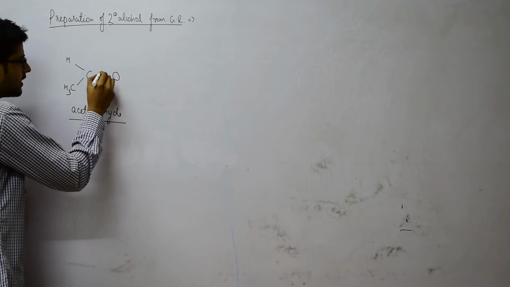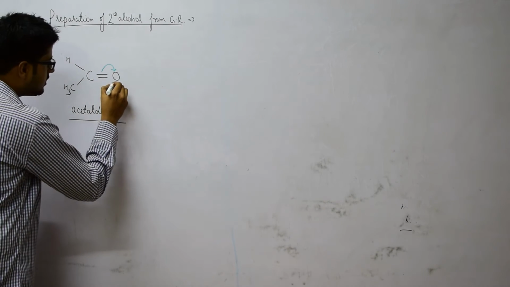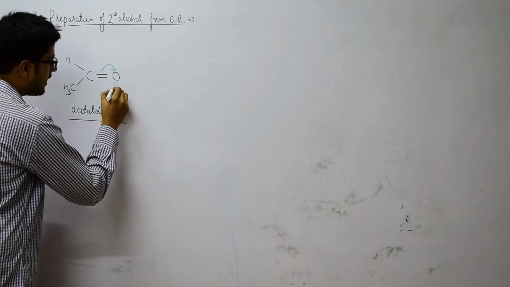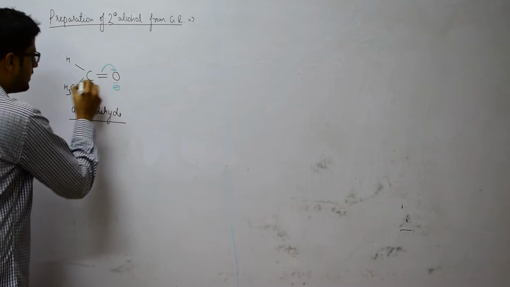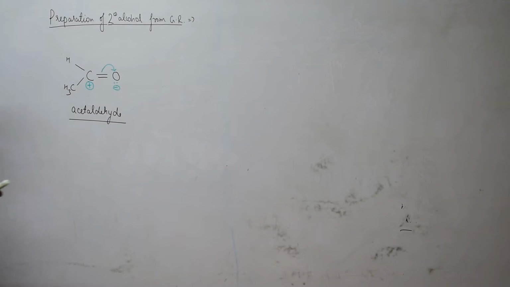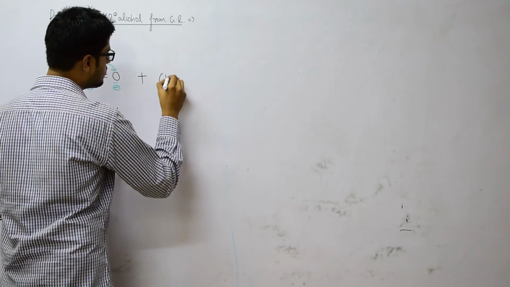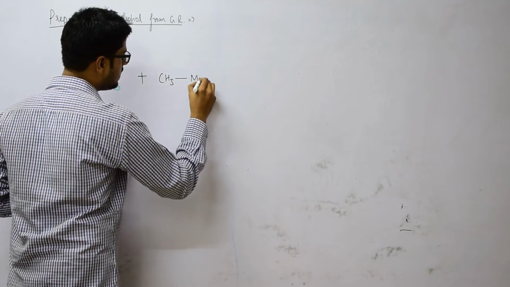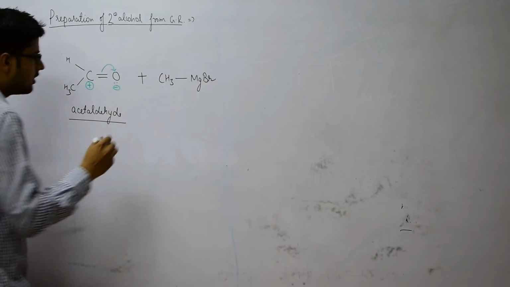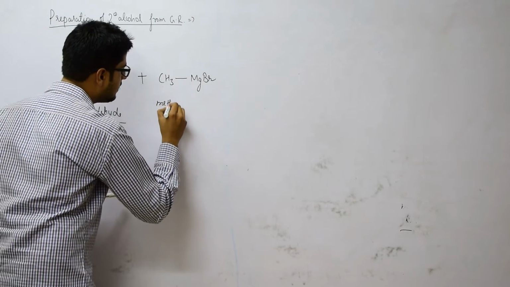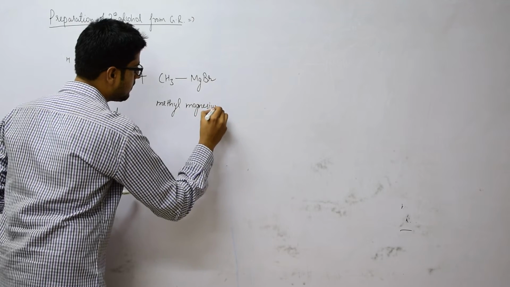Oxygen being more electronegative will attract the shared pair of pi electrons. As a result, 2 electrons would be accommodated on oxygen, and the same amount of positive center would be developed at the carbon atom. And it is treated with CH3MgBr, the same Grignard reagent, methyl magnesium bromide.